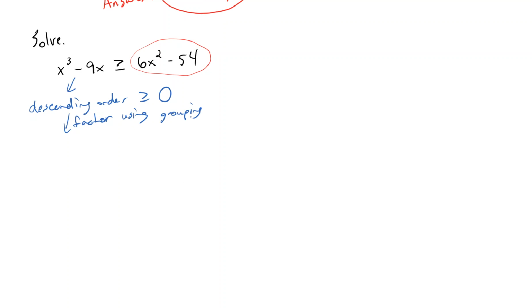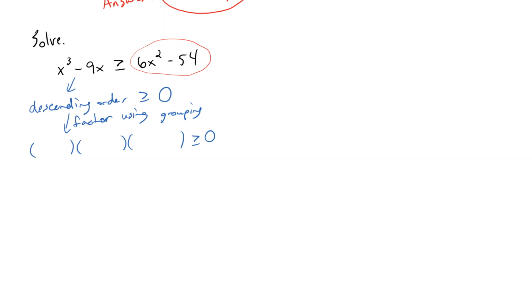But basically you need to factor. So after you factor, pause if you need to catch up, but after you factor, you should have 3 factors multiplied together to be greater than or equal to 0. Now you're at the same starting point as the first example.